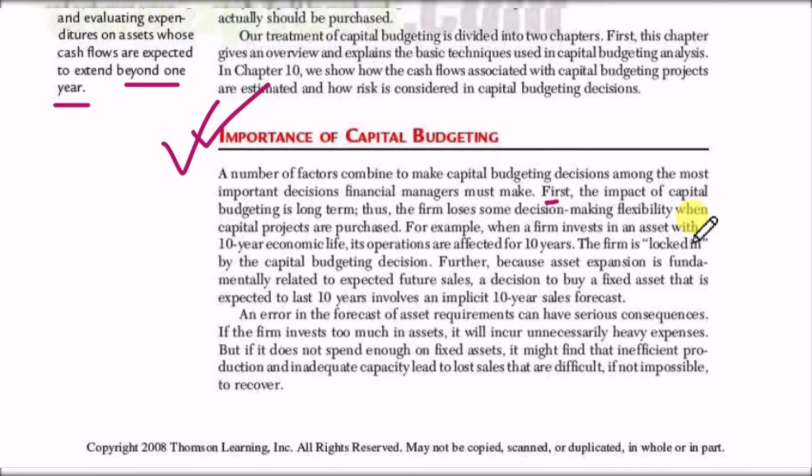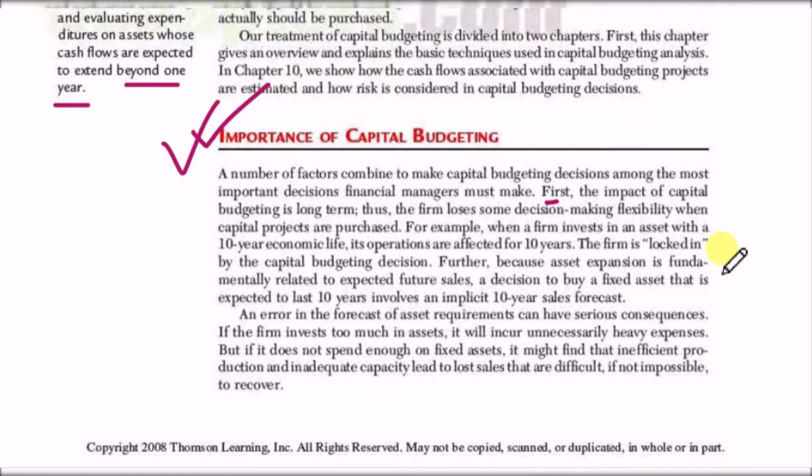Thus, the firm loses some decision-making flexibility when capital projects are purchased. For example, when a firm invests in an asset with a 10-year economic life, its operations are affected for 10 years. The firm is locked in by the capital budgeting decisions.